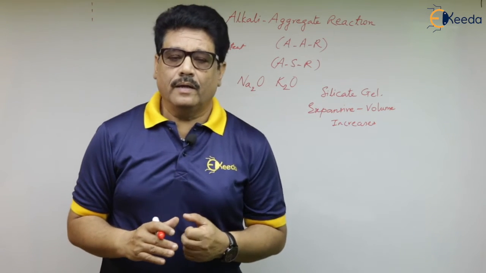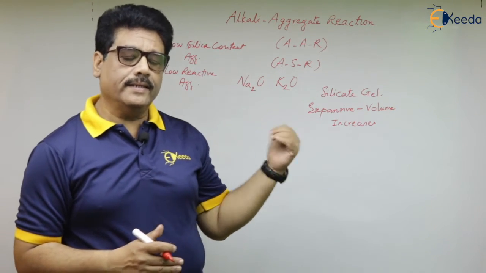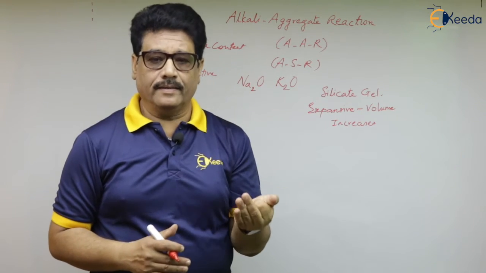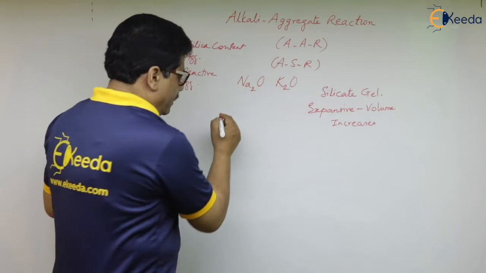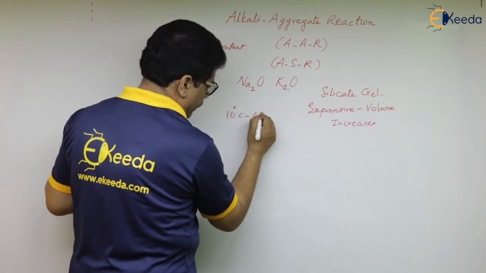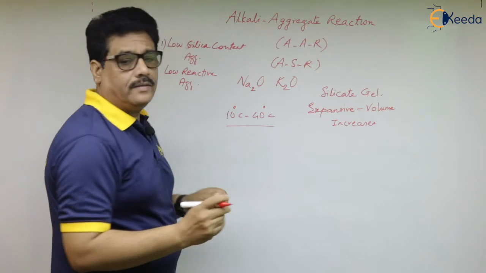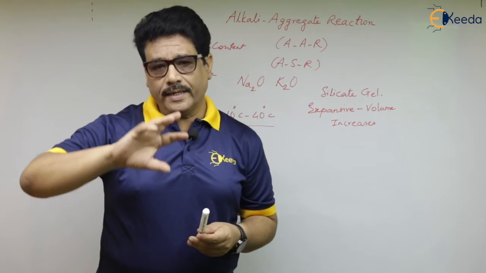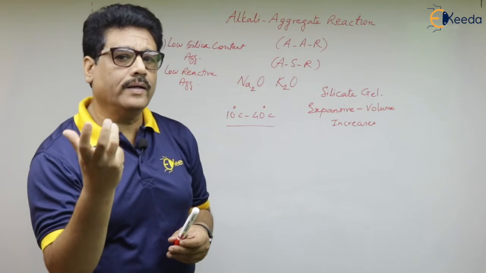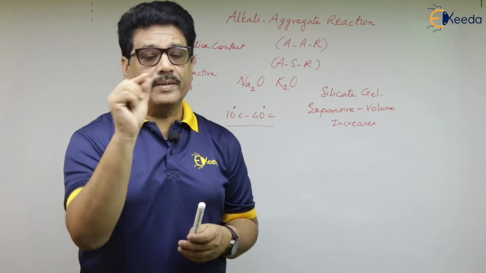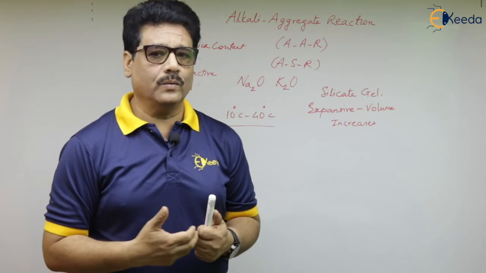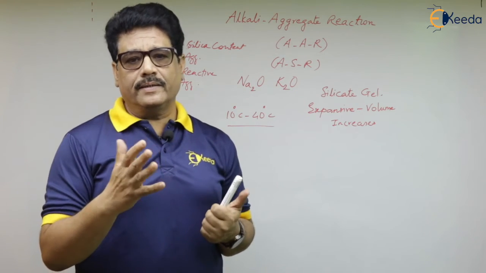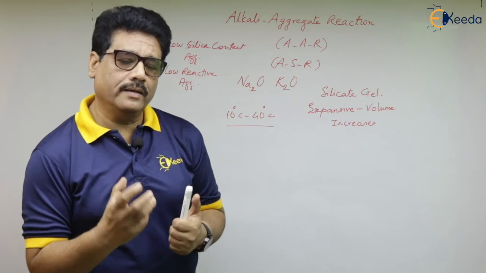One more factor affecting the alkali aggregate reaction is temperature. Generally 10 degrees Celsius to 40 degrees Celsius is the range of temperature in which concreting activities should be conducted. But inside the body of the concrete, we cannot control the temperature; it is very difficult. Therefore, temperature we cannot have that much under our control.